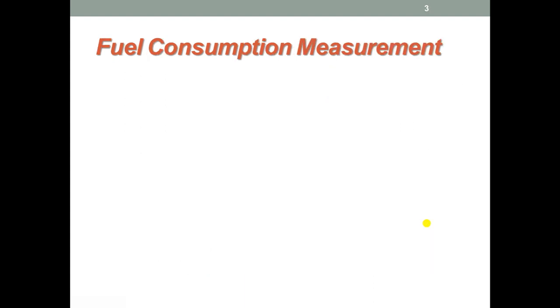Next we see fuel consumption measurement. Fuel consumption of internal combustion engines can be found by knowing volume and mass of fuel supplied in a specific time interval, and the methods are classified as follows.